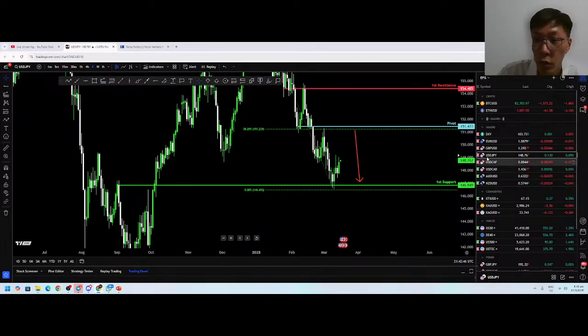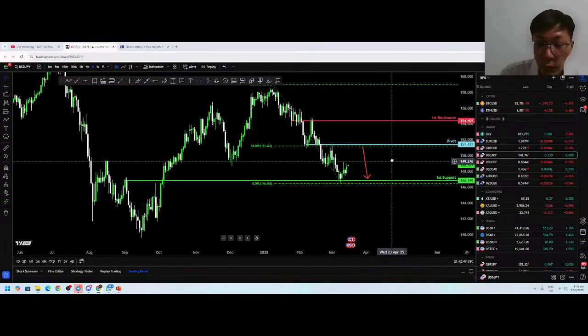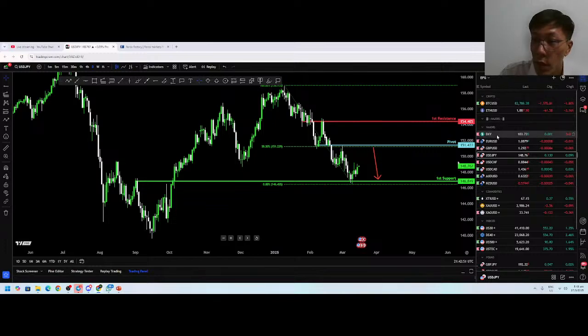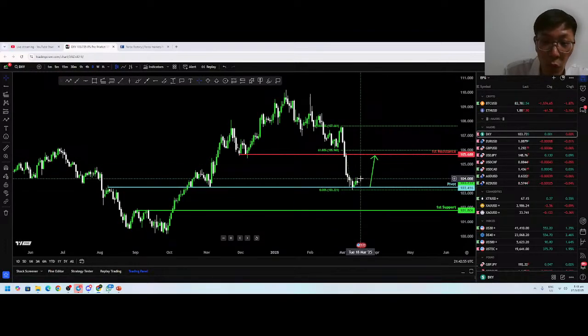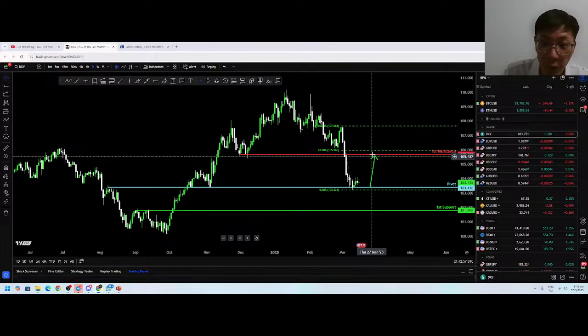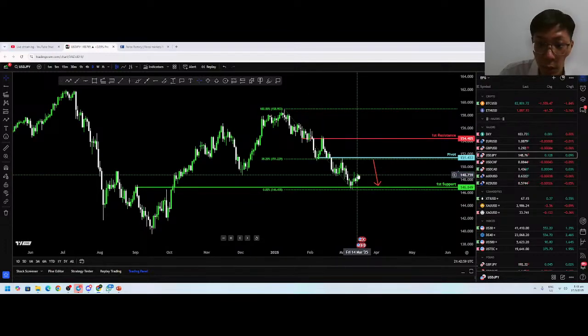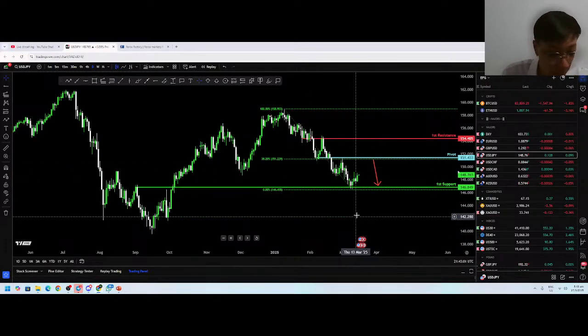This is for UJ, because it follows DXY. So if I look at this DXY, most likely we will tend to go up from this area, so UJ will most likely go up as well.